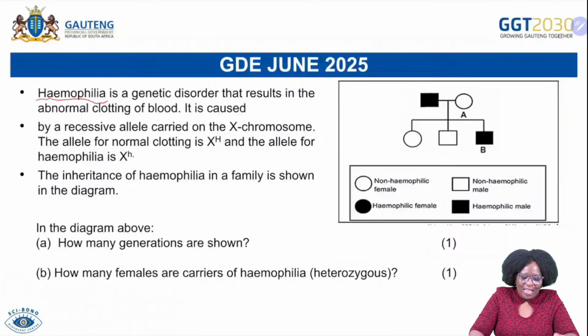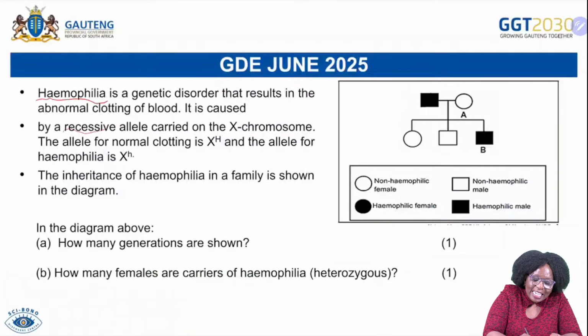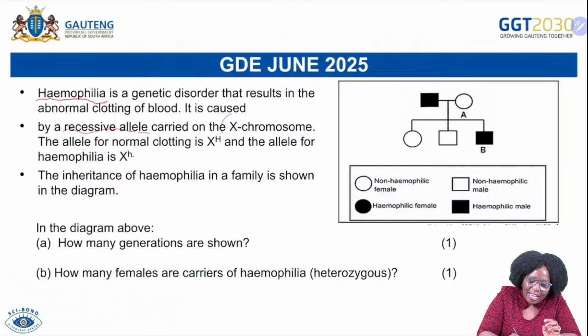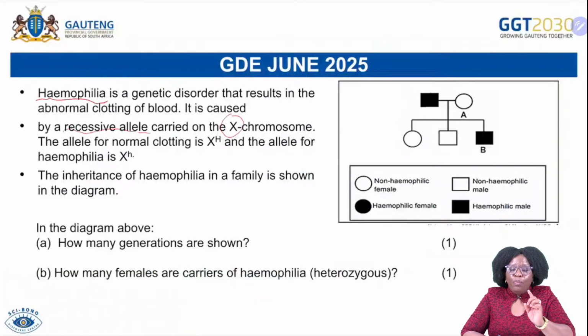Let us read together. Hemophilia is a genetic disorder that results in abnormal clotting of blood. It is caused by a recessive allele carried on the X chromosome. I hope you remember that the Y chromosome does not carry anything. One reason is that it is small, it cannot carry any of the conditions.